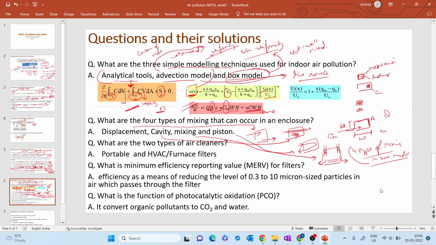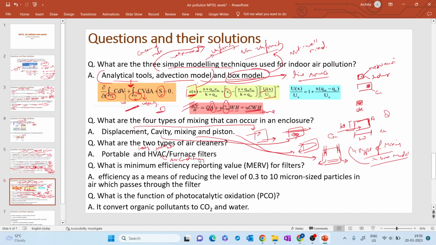Next is HVAC, which is heating, ventilation, air conditioning filters or devices. So this is heating, this is ventilation, and this is AC, air conditioning. So these are basically centralized systems. Generally universities, institutes and offices have this HVAC system, where they manage, if it's cold, then they heat the room.